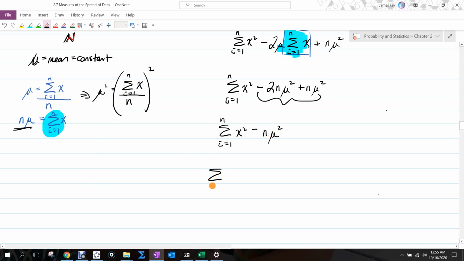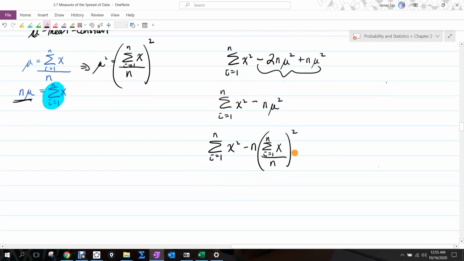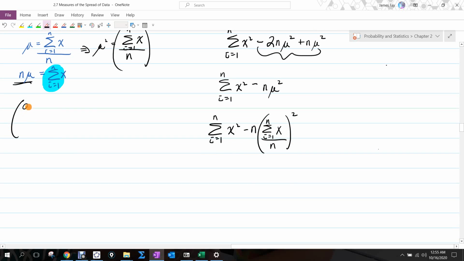So I rewrite that as the sum from i equals 1 to n of x squared minus n, but now I'm going to replace mu squared with this thing here. Alright, so we know that if I have a over b, squared, I can rewrite that as a squared over b squared. So that's what I've got here.